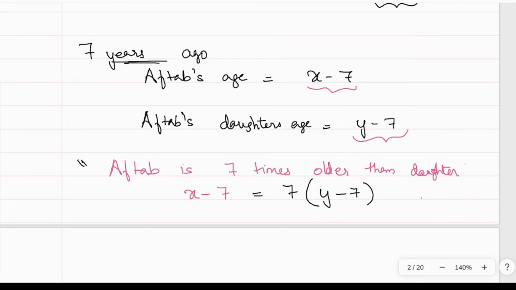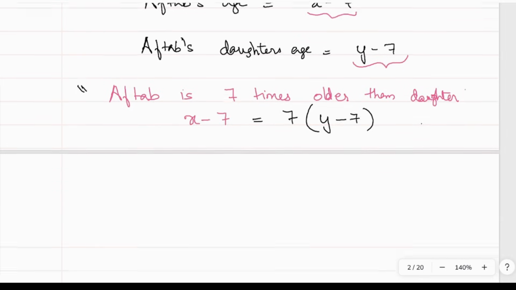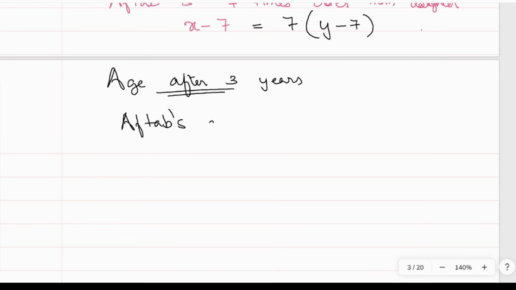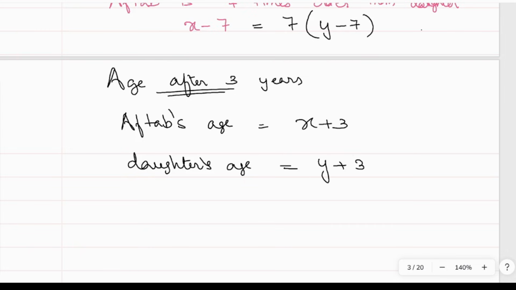Then what are they telling? Also 3 years from now means age after 3 years. After 3 years, if their ages are x and y, Aftab's age is x plus 3, and daughter's age is y plus 3. Correct?